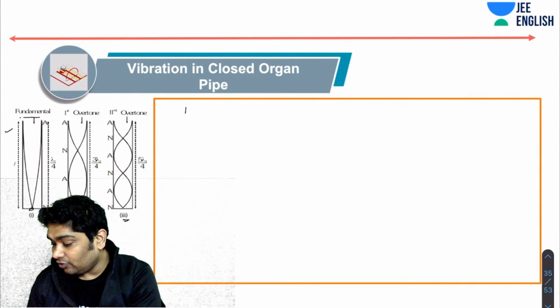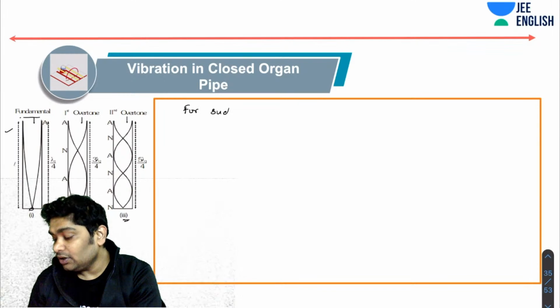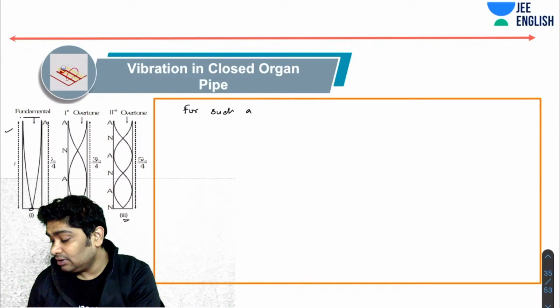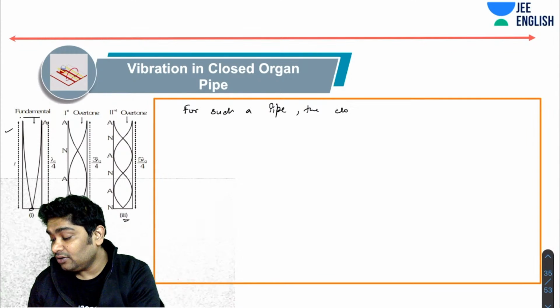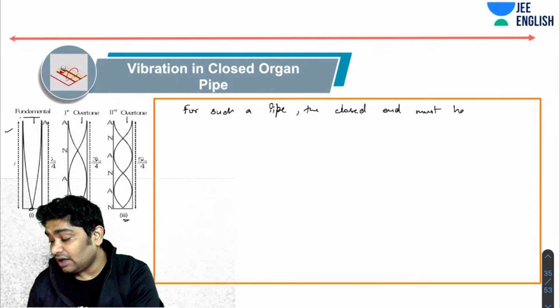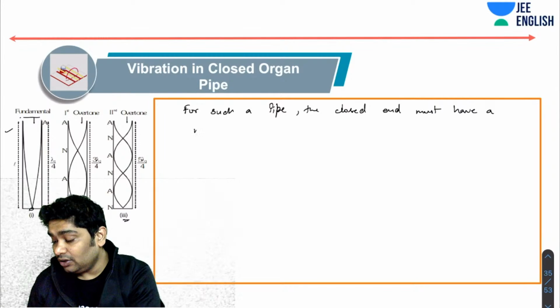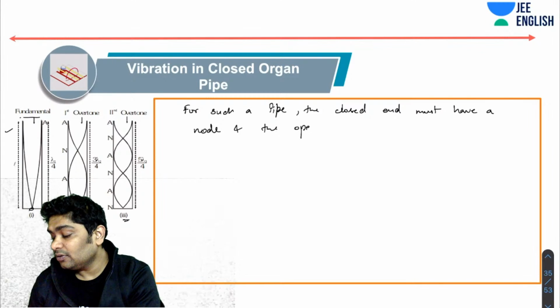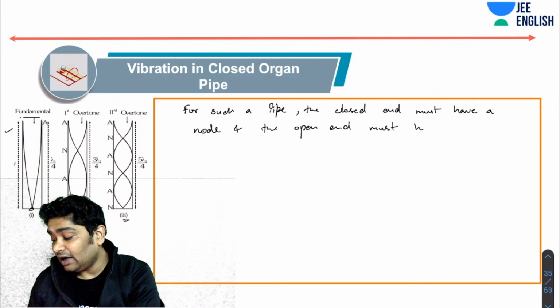So for such a pipe, the closed end must have a node, and the open end must have an antinode.